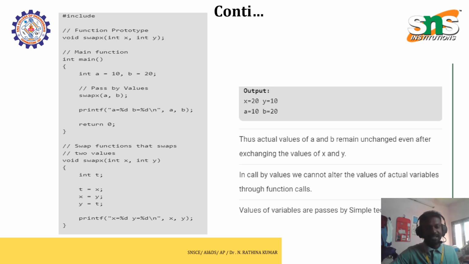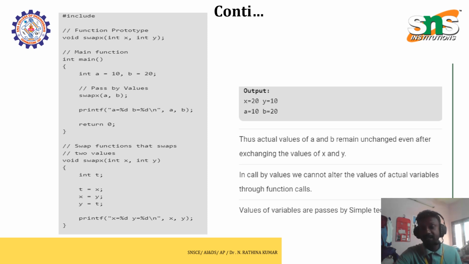Then the values we printed using the printf function in the main function: value of a equal to 10, value of b equal to 20. So here we made some changes, but it doesn't affect a and b. We performed the swapping inside the subfunction, but it does not affect the main function, that is, the actual parameters. So this is called call by value.